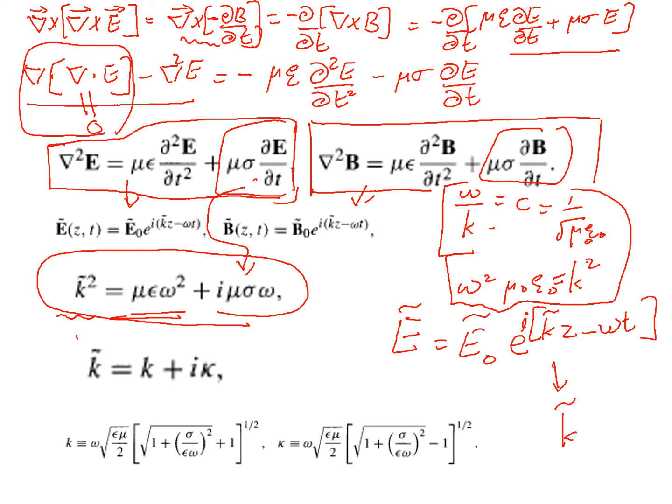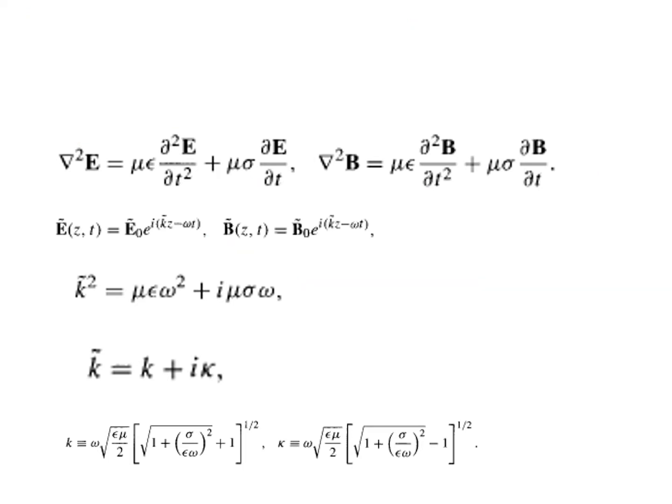So the wave number takes the form k bar equal to k plus i kappa. You can see this second term, it is not purely k, it is kappa. Okay, so the complex wave number k bar equals k plus i kappa.